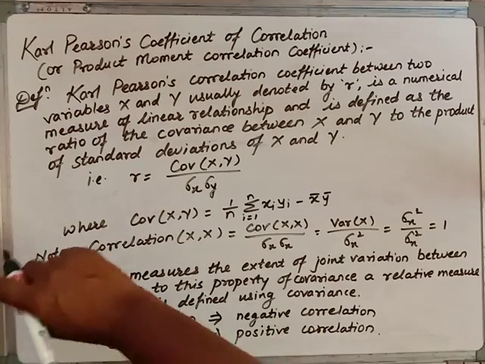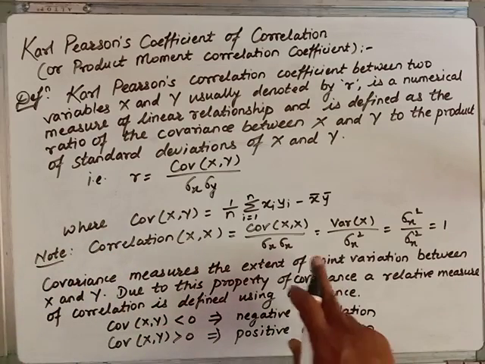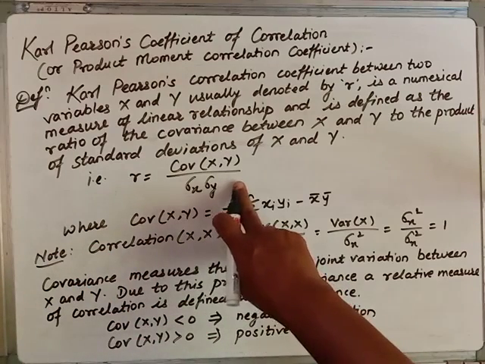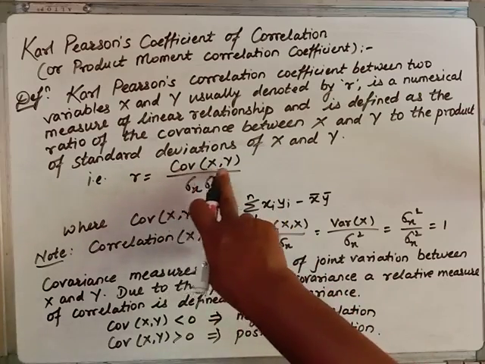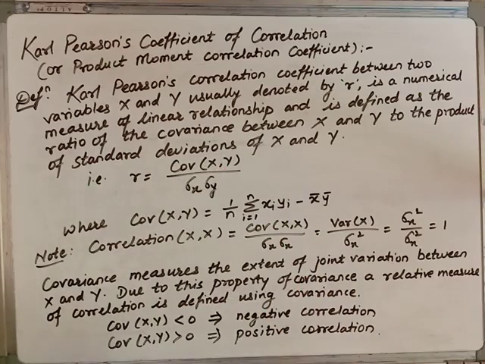Okay. Now let us simplify this result, just like we simplified the result of covariance between x and y.